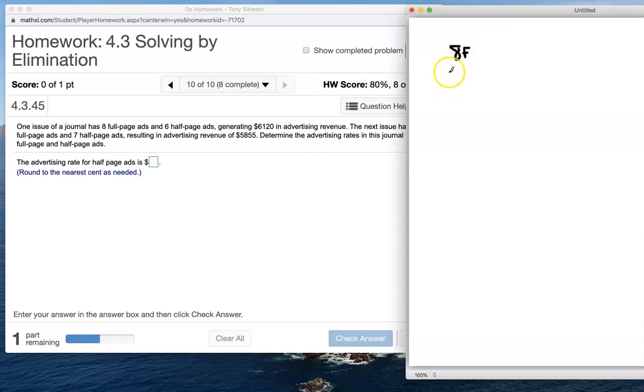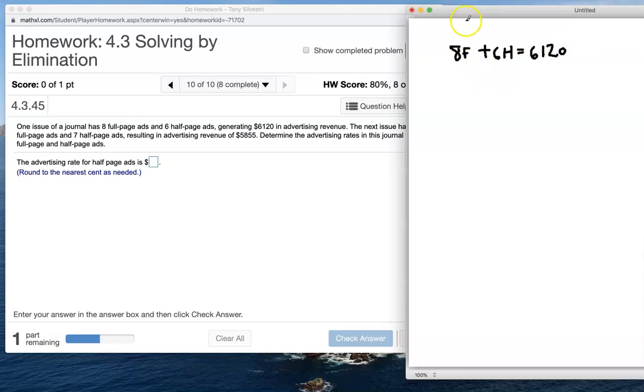So that's the amount of money they had to pay for the full-page ads, plus 6 half-page ads. Come up with variables that would sort of remind you what you're trying to solve for. So 6 half-page ads is the amount of money for those half-page ads. So the total bill that you have to pay them is $61.20.